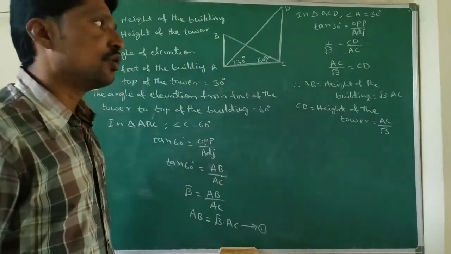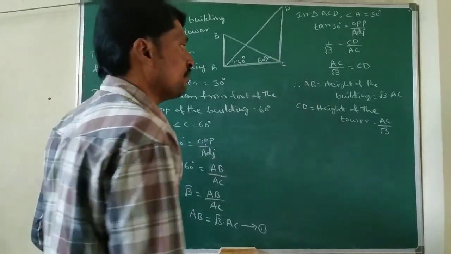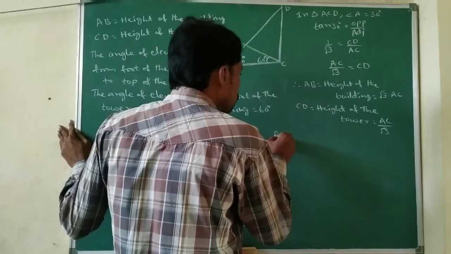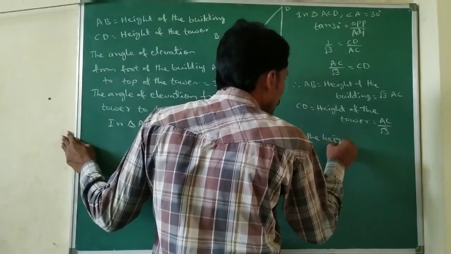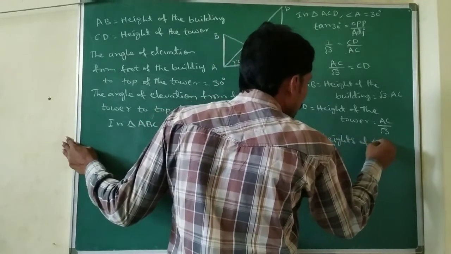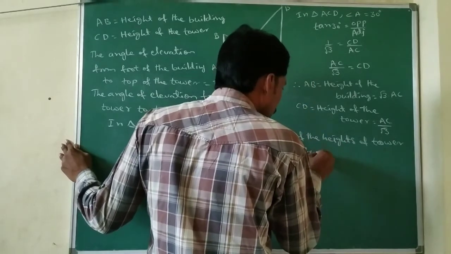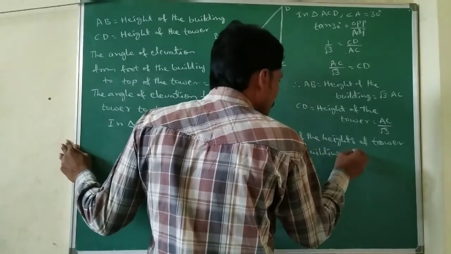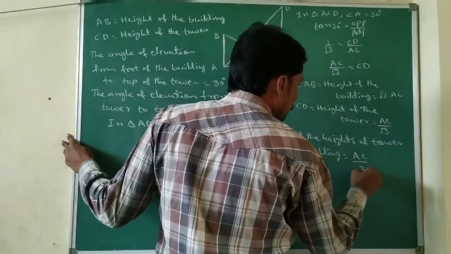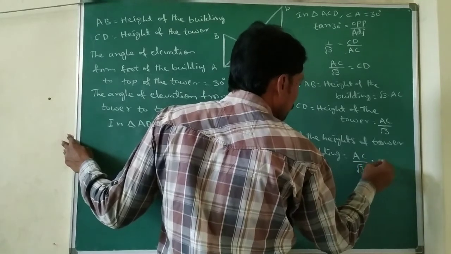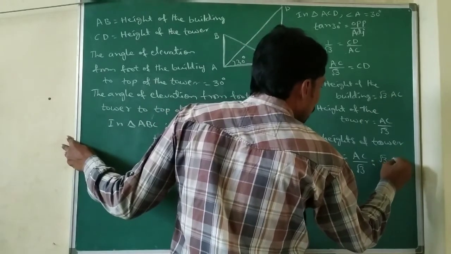Now we need to find the ratio of the heights of tower and building. So the ratio of the heights of tower and building equals, first take the tower, AC by root 3, is to the building, root 3 into AC.